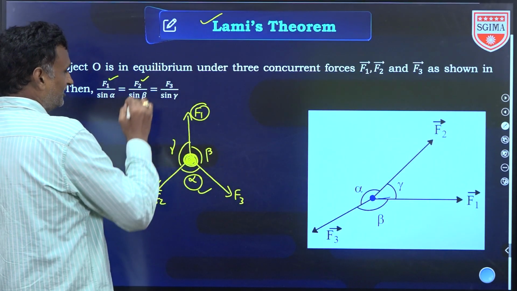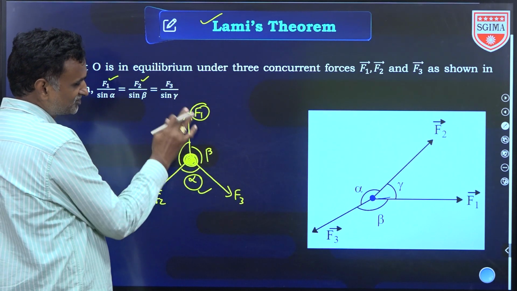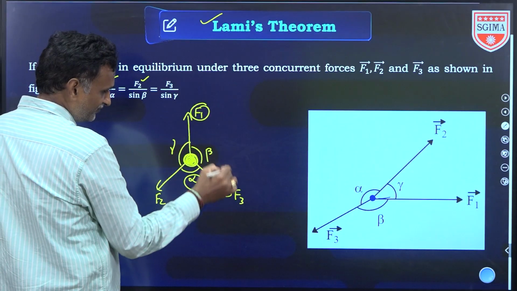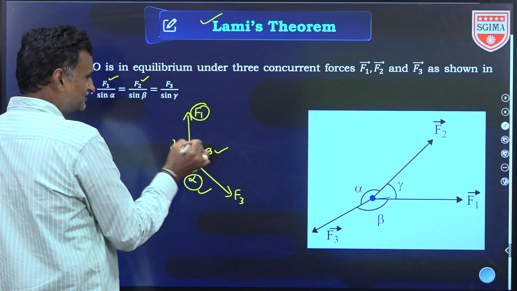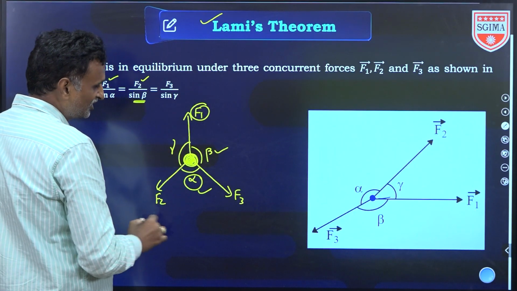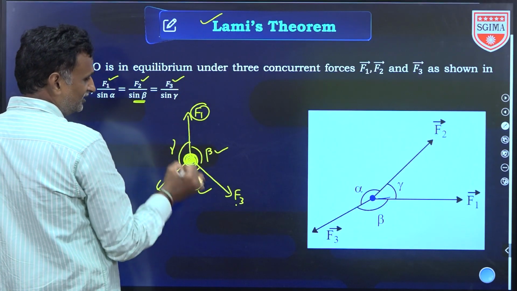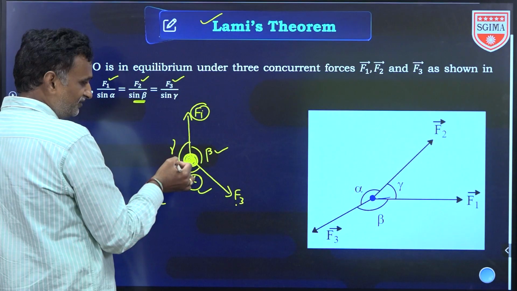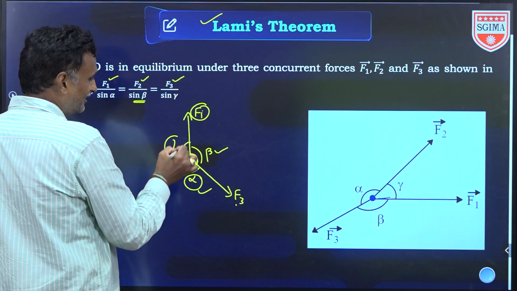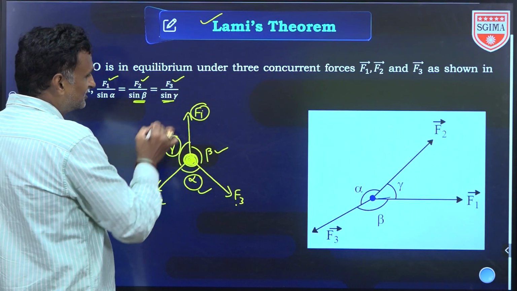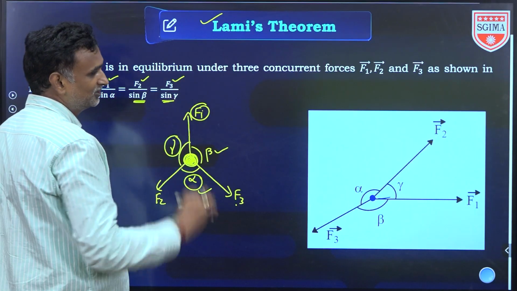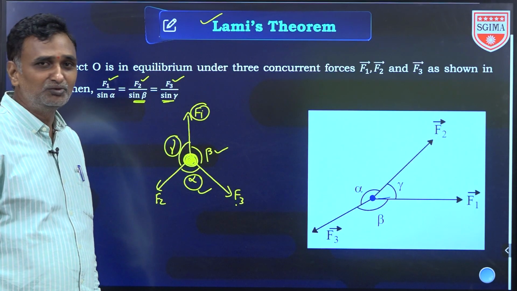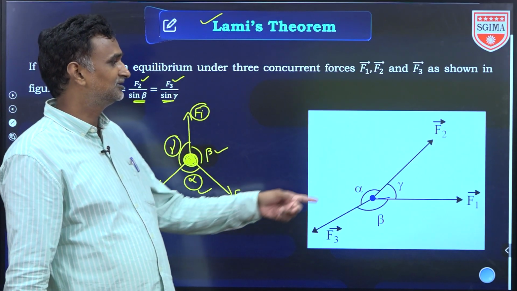Next, when you write for F2, the remaining forces are F1 and F3, and the angle between F1 and F3 is beta, so the ratio is with sine beta. Next for F3, the remaining forces are F1 and F2, and the angle between them is gamma, so sine gamma. This ratio is always equal. We use this ratio to solve numericals based on Lami's theorem.